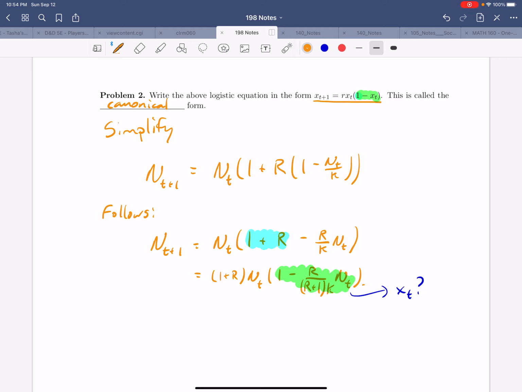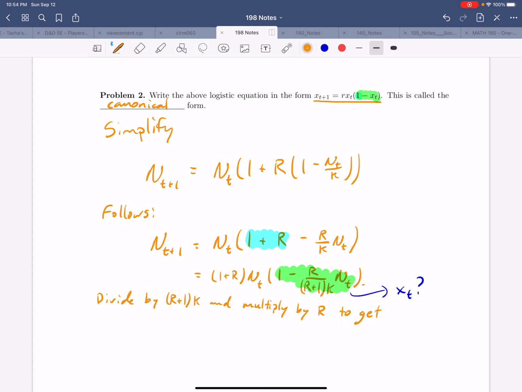So let's say we're going to divide by r plus 1 times K, and multiply by r.